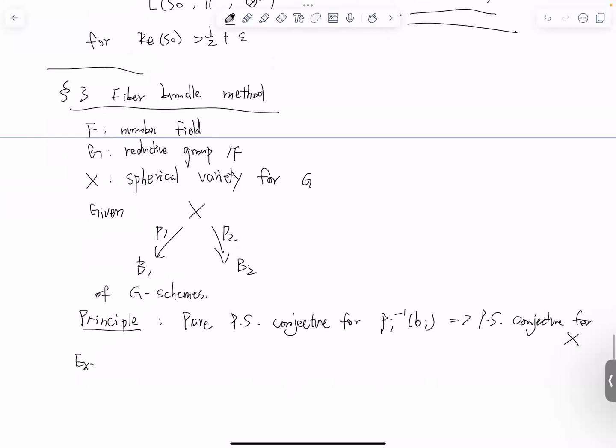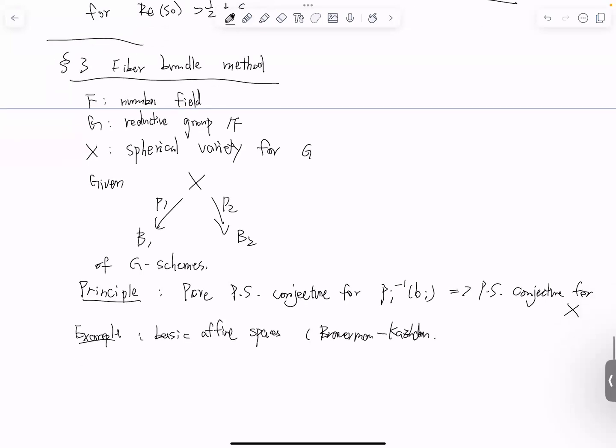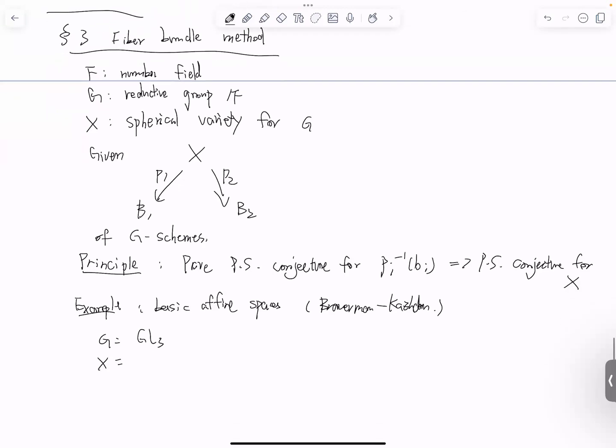So an example for this is the basic affine space, which is due to Braverman-Kazhdan. If we have G equals GL3 and X is the basic affine space, we do this in R3 cross R3 such that the pairing is 0.